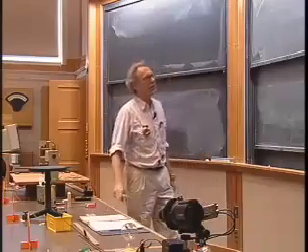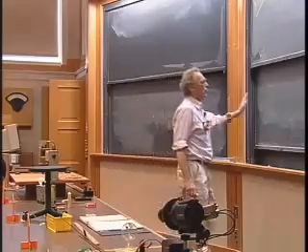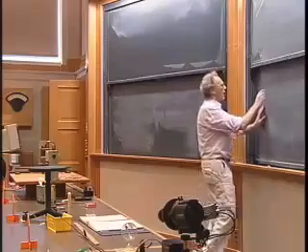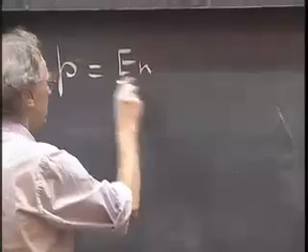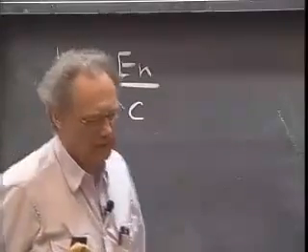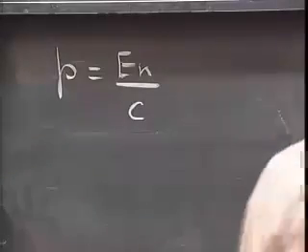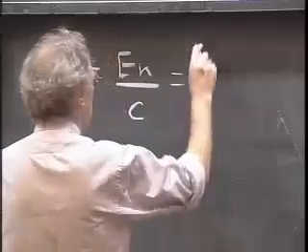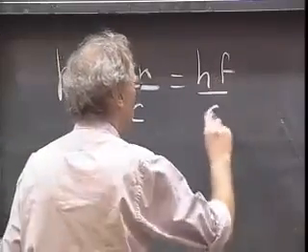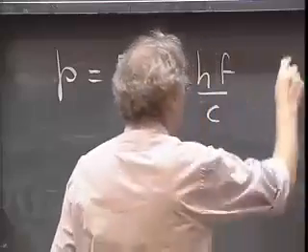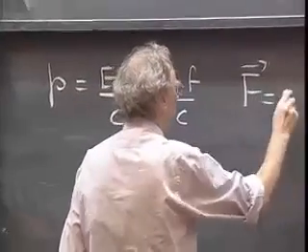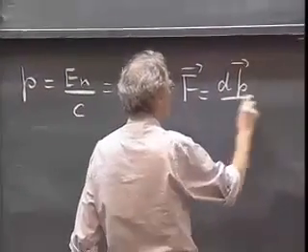So in modern physics, photons have momentum. And the momentum of a photon P is the energy divided by c. In other words, it is also hf divided by c. But you remember from 8.01 that the force is dP/dt.